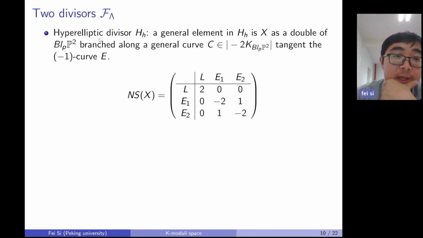The first divisor is the hyperelliptic divisor. This is constructed by the double cover of P2, the double cover of P2 blown up at one point. But in this case, we require that this curve C satisfies some geometric condition, that is, it is tangent to the -1 curve E.